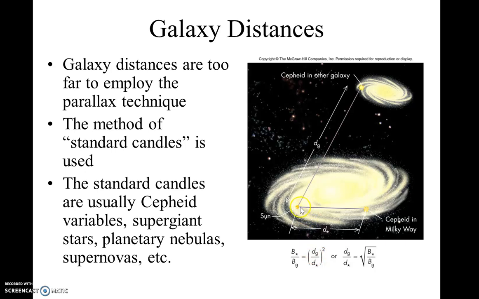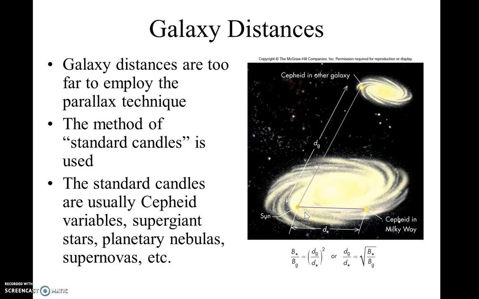So let me back up just a little bit. You have to know the distance to the Cepheid within our galaxy. Remember, the things that have an asterisk next to them, or as a subscript, are within our galaxy. So it's the brightness of the Cepheid in our galaxy, and then the distance to the Cepheid in our galaxy.